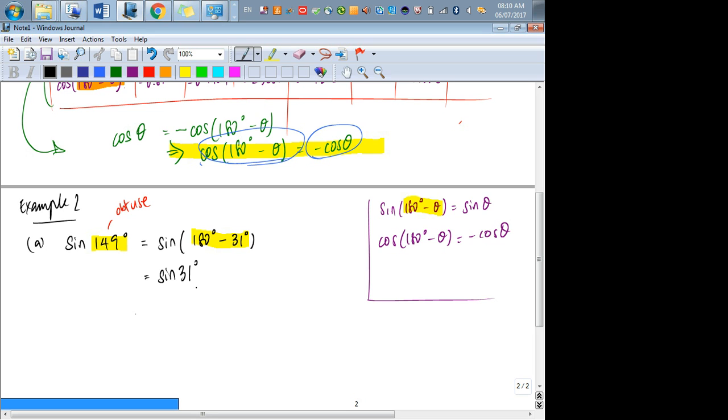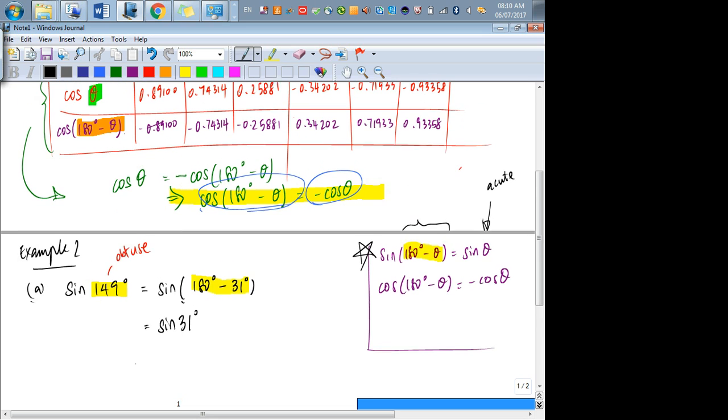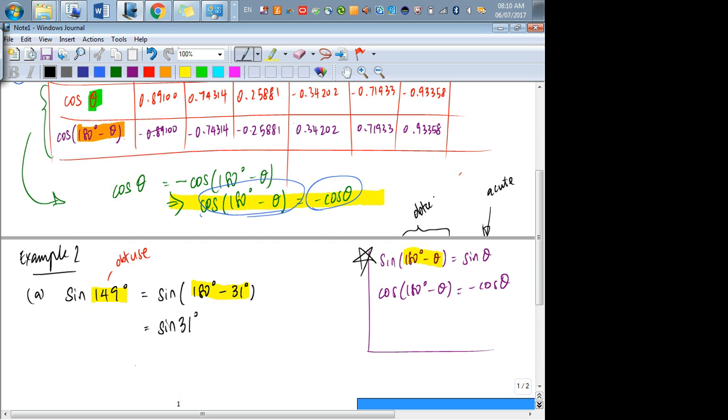Okay, do you agree with this conclusion earlier on? Rabiato, do you agree? So we see that if this theta over here is acute, 180 degrees minus theta must be obtuse, isn't it? Let me just give you an example of an acute angle. Let's say theta equals 30 degrees.